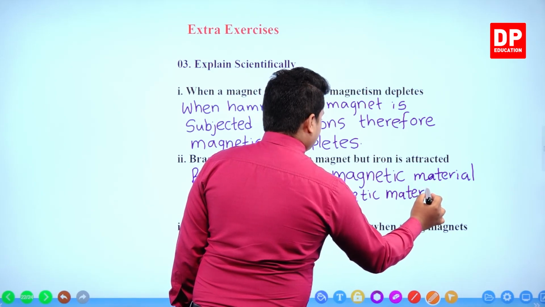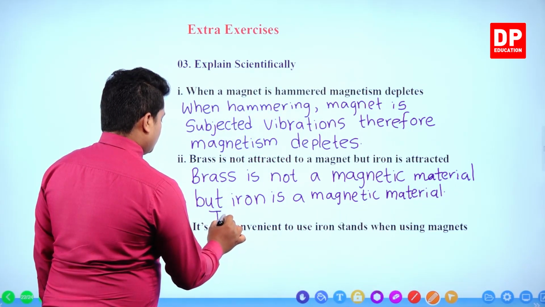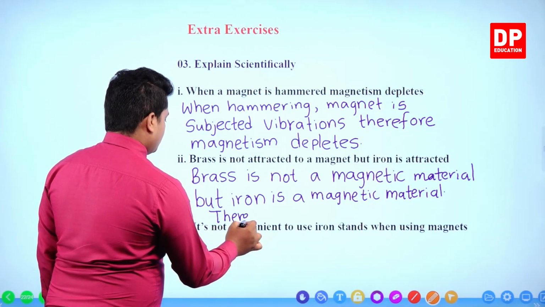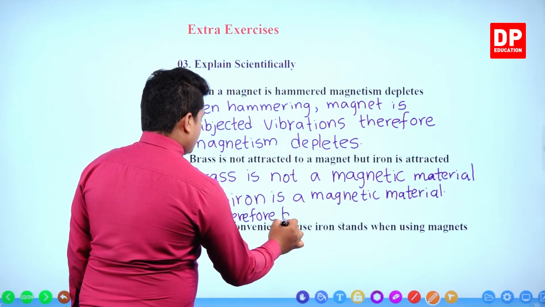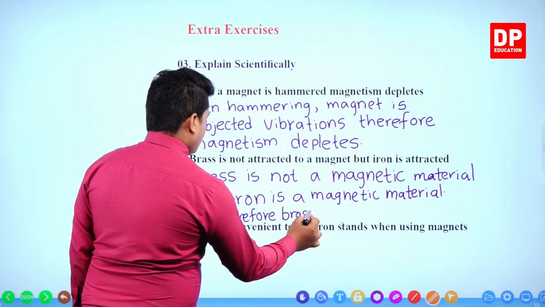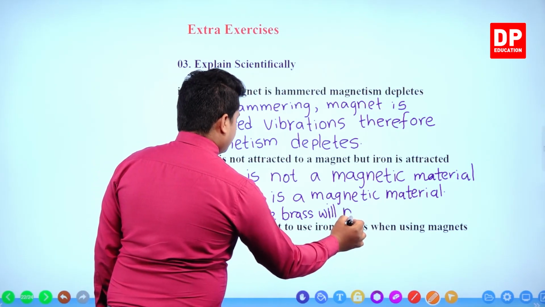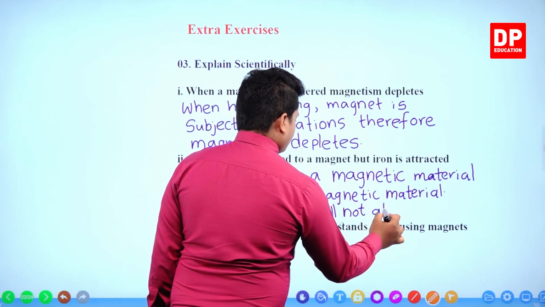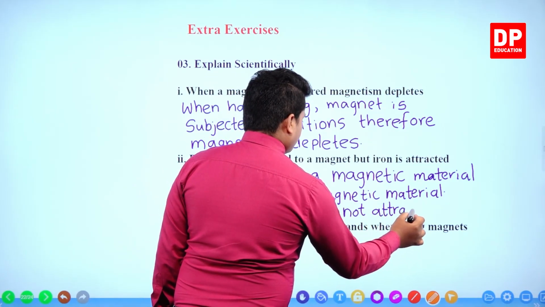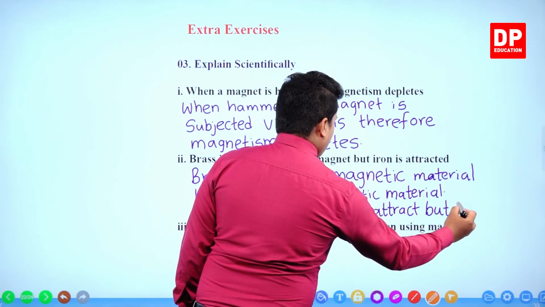Therefore, brass will not attract, but iron will.